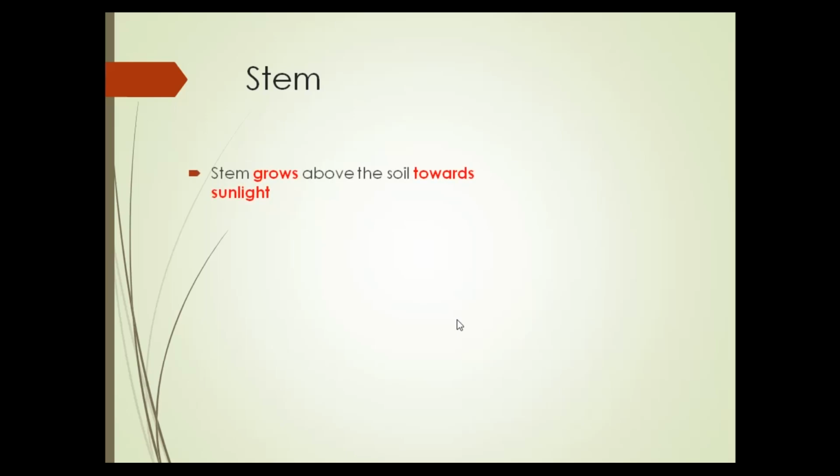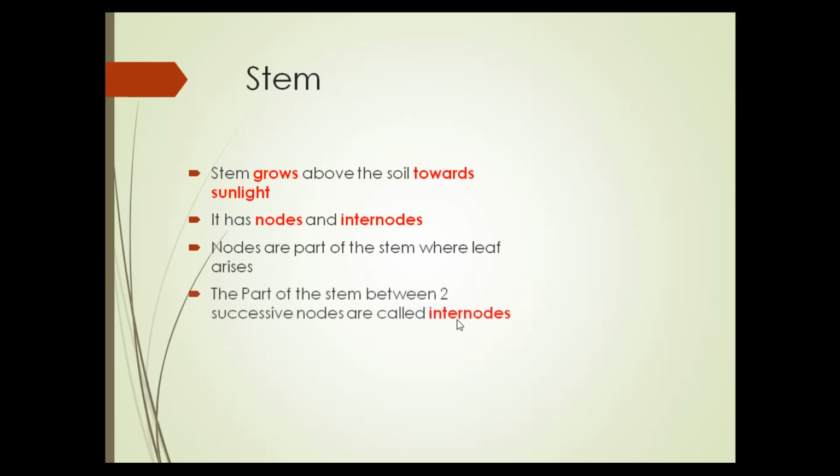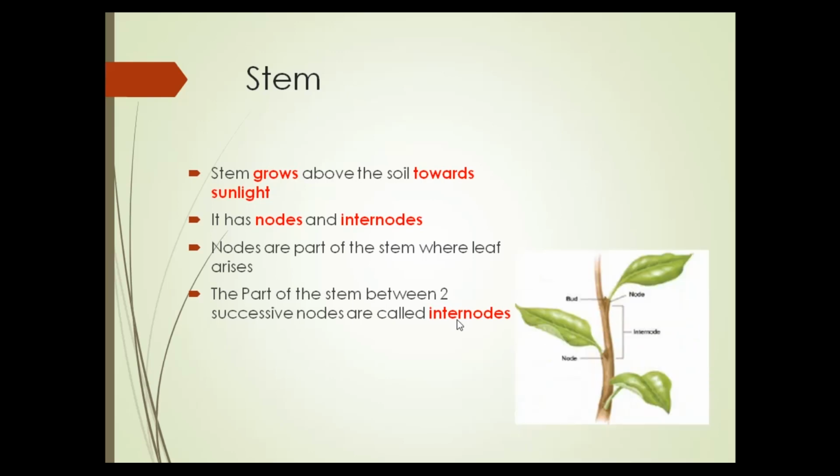The stem grows above the soil towards the sunlight. It has nodes and internodes. Nodes are parts of the stem where the leaf arises. The part of the stem between two successive nodes is called the internode.